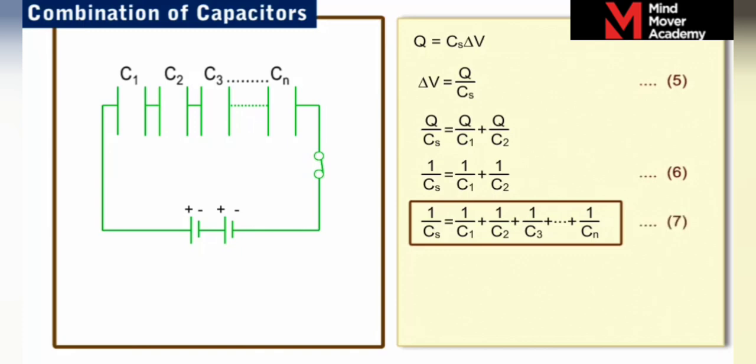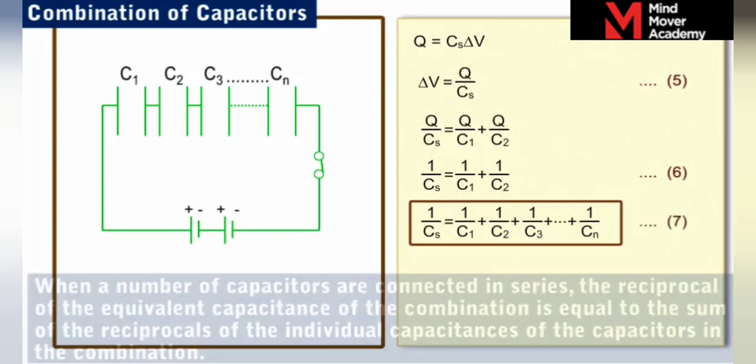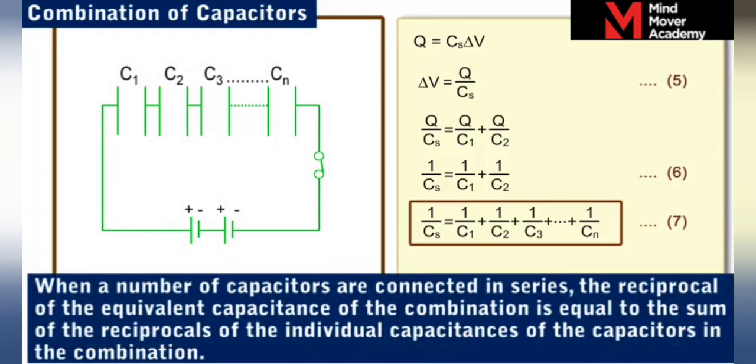Let us label it as equation 7. Hence, we can conclude that when a number of capacitors are connected in series, the reciprocal of the equivalent capacitance of the combination is equal to the sum of the reciprocals of the individual capacitances of the capacitors in the combination.